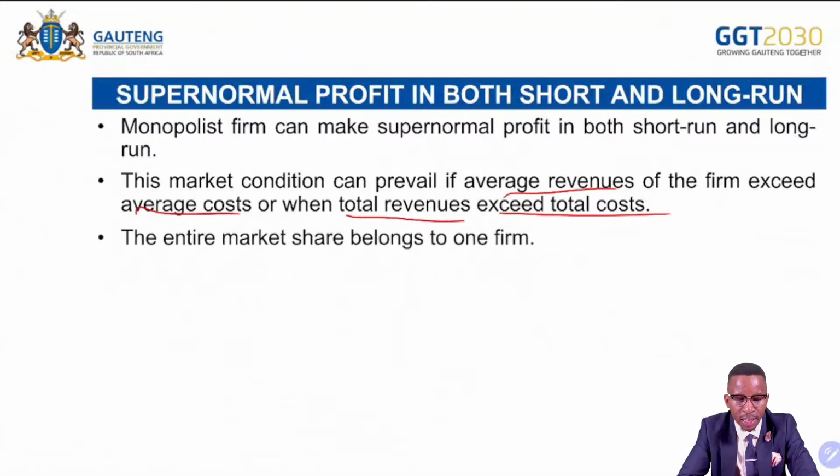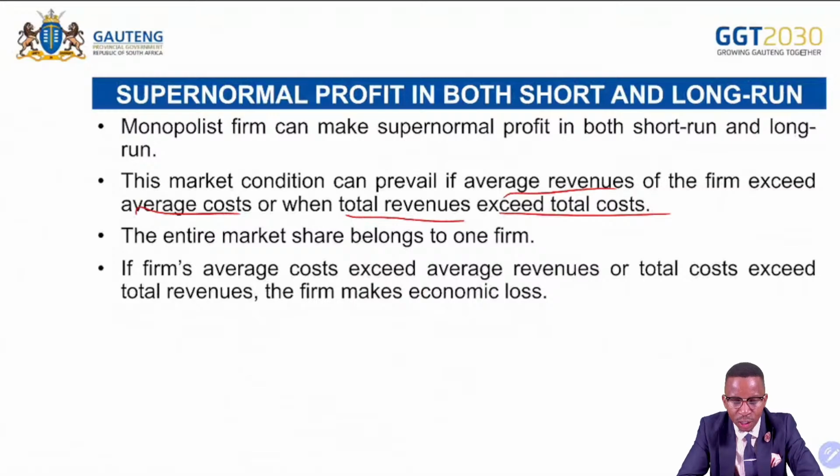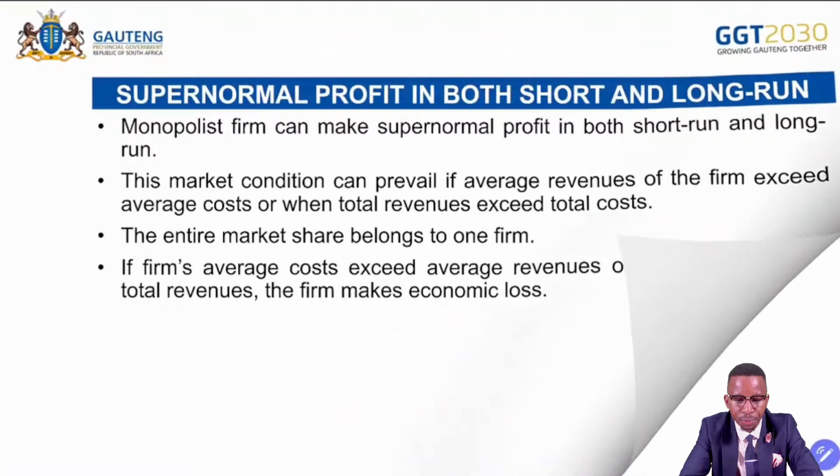The entire market share belongs to one firm. So the firm does not have any competitor. It does not share consumers with other competitors. So it is a dominant firm dominating everything within the market because it is the only supplier of this unique product. If the firm's average cost exceeds average revenues or total cost exceeds total revenues, the firm makes an economic loss.